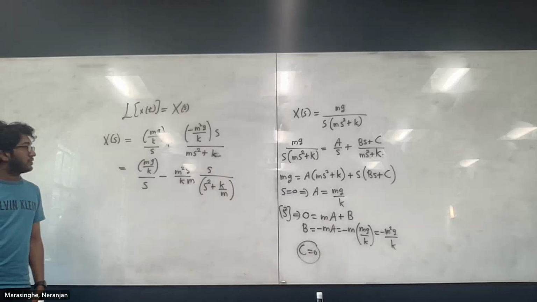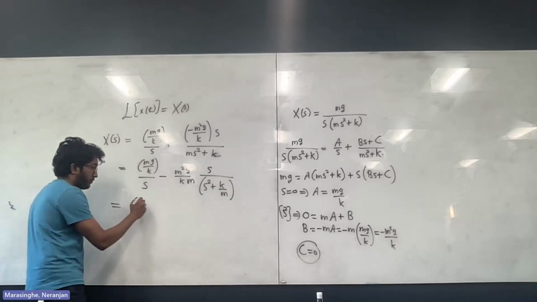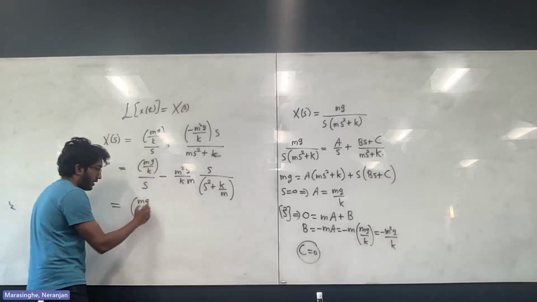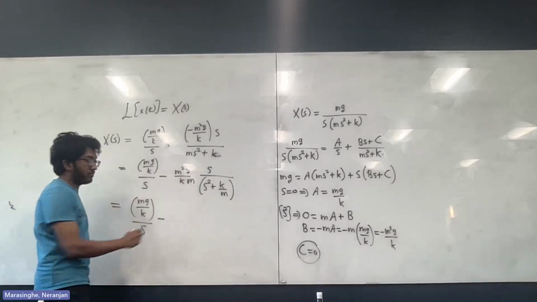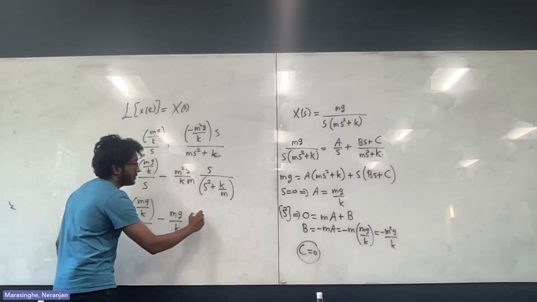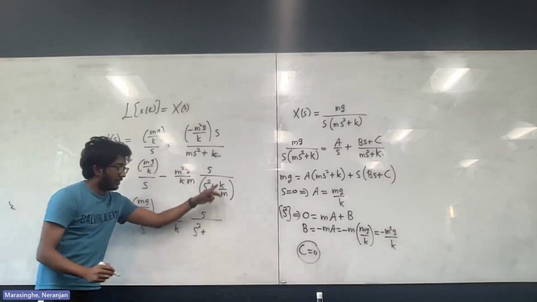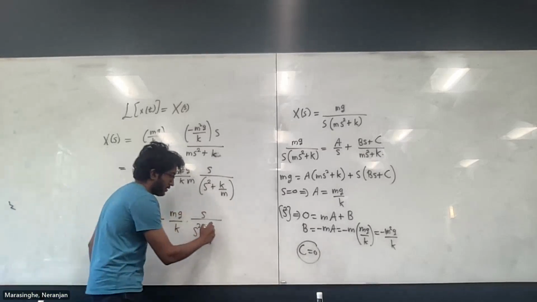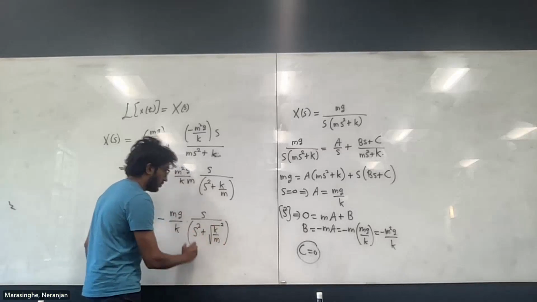Okay. mg divided by k divided by s minus, I have m square, I have m, so I get mg divided by k times s divided by s square plus, I can write k over m in this way, square root of k divided by m to the power 2.